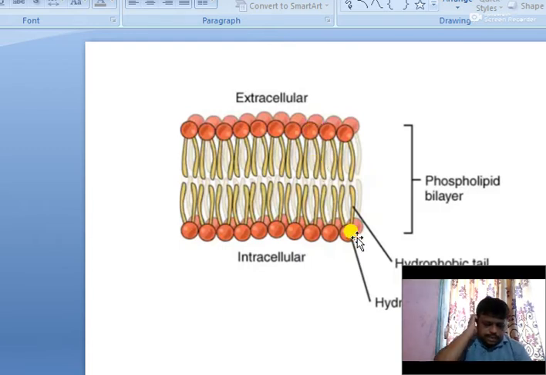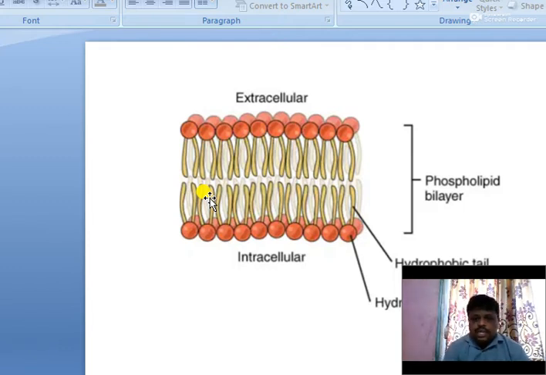These head portions are hydrophilic, which means water loving, while the tail portions are hydrophobic, which means water hating.